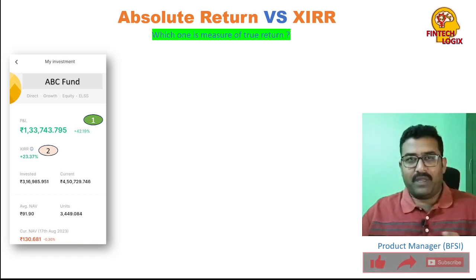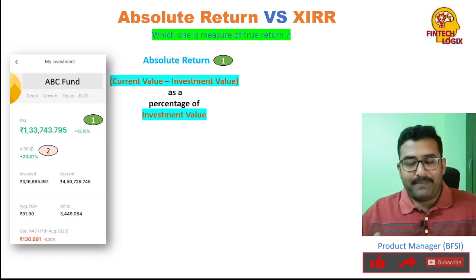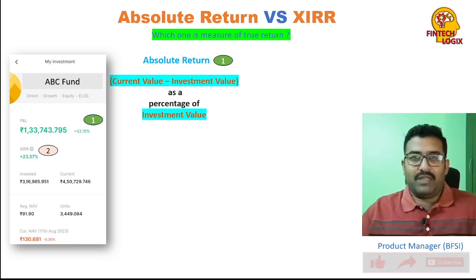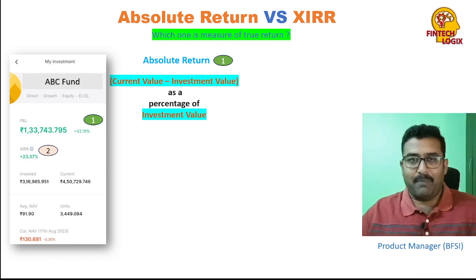Now when you look at both these, normally we might wonder what is the correct representation of our mutual fund's returns. Absolute return calculation is very simple. It does not take into account the different amounts invested at different points of time.